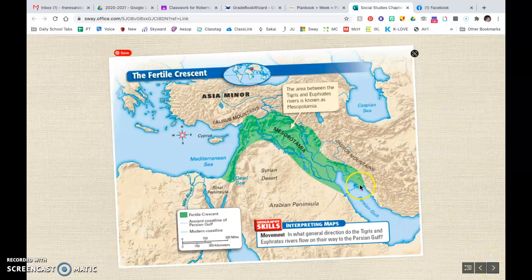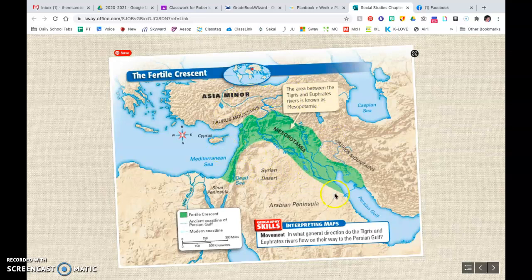And on the map, you can see in green all the area that would be considered as Mesopotamia. Here's the Tigris River and the Euphrates River. And you can tell it's surrounded by mountains, the desert. These are all important geographical features.